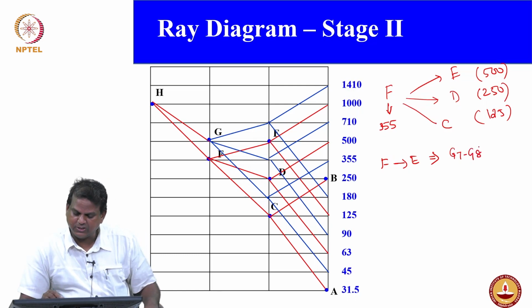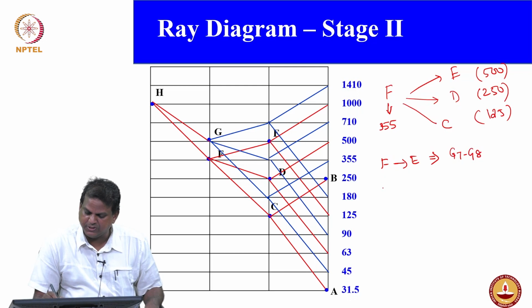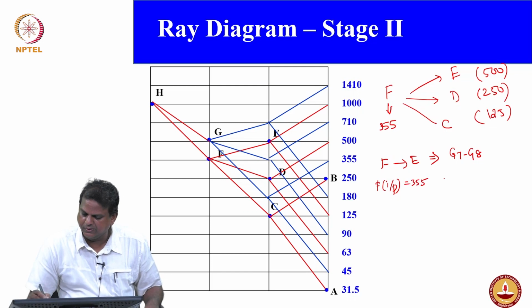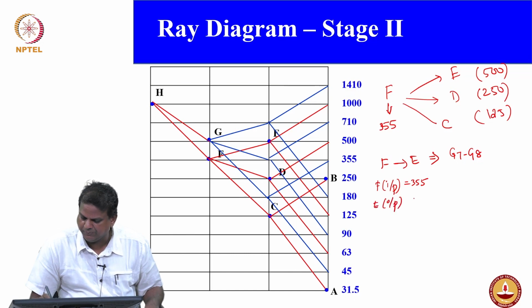Okay. And also look at this, your input speed will be 355 rpm, right? Your input F is 355, and your E output, what is the rpm? 500 rpm, and D output 250 rpm, and C output is 125 rpm.